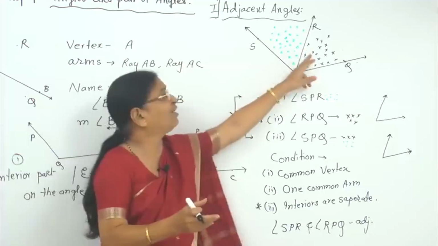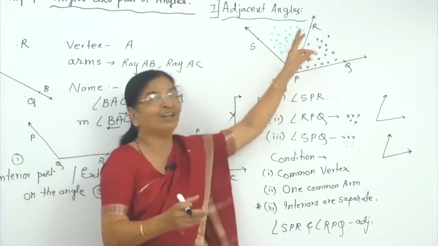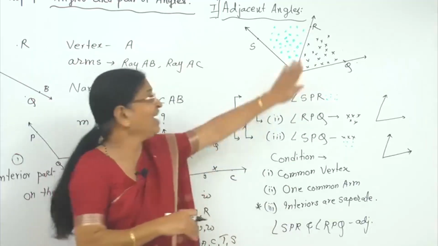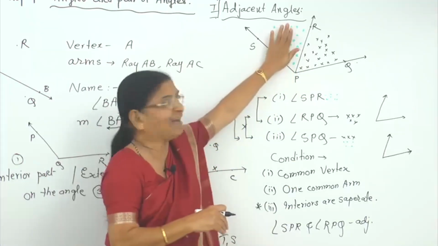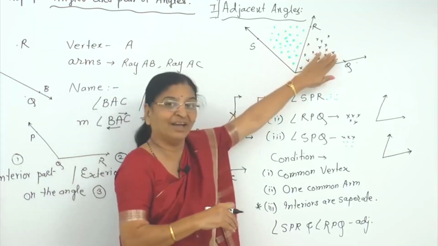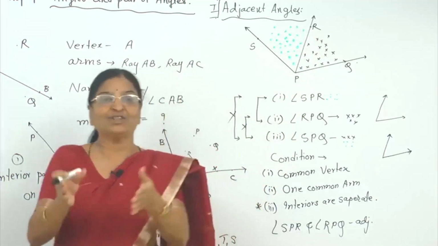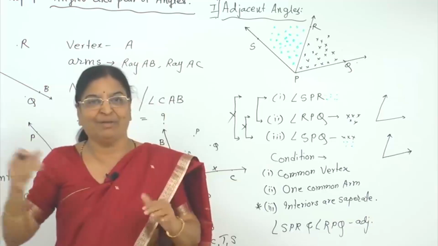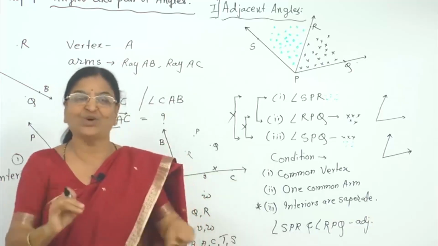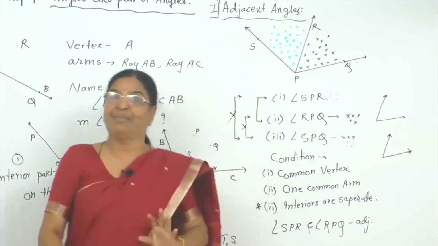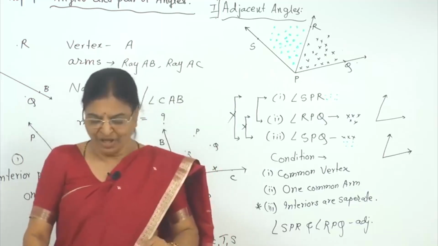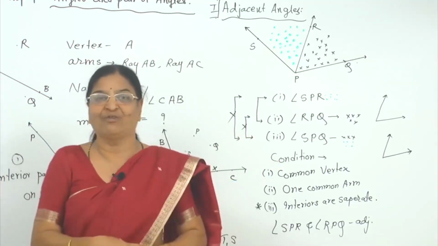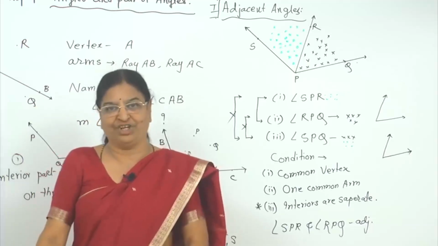They are neighbors of each other, having one wall common in both their houses. So this is a house for one angle, this is a house for another angle, and one wall is common. Generally we have one wall common between neighbors' houses, and so they are called neighboring angles also. Now we will see how we can answer the practice set from this definition.